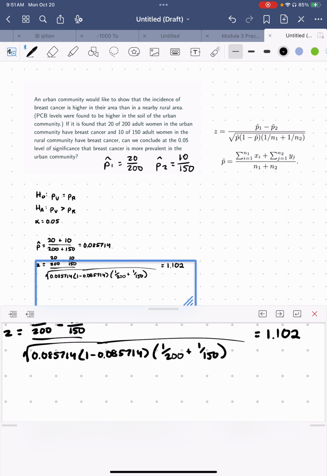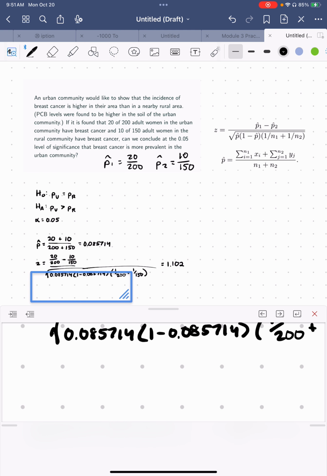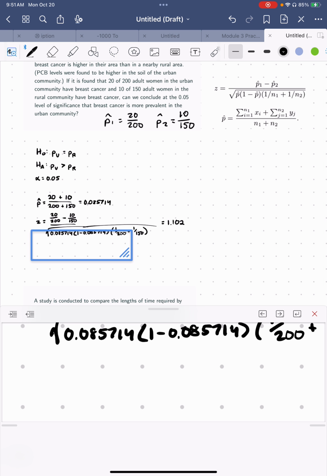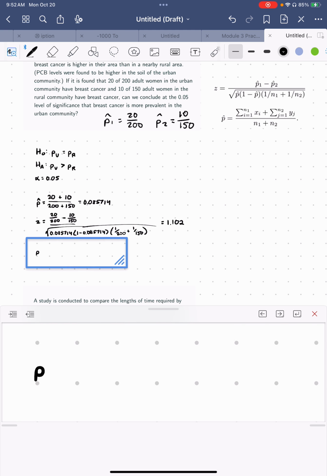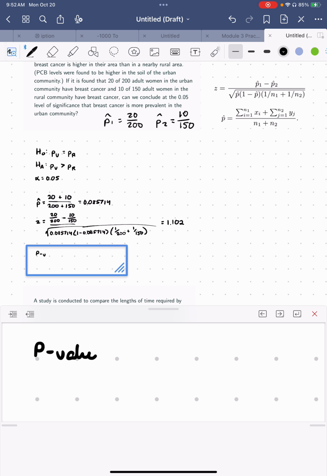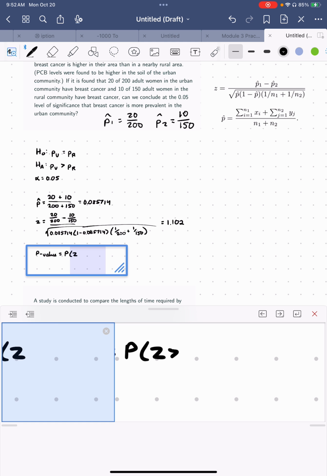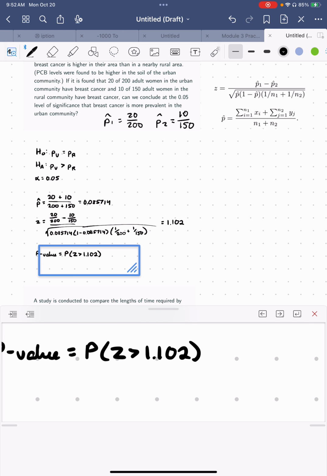And then finally we can calculate our p-value over here. Our p-value should be P, and since this is a one-tailed test because we're looking if the proportion for the urban population is greater than the rural population, we have the probability that z is greater than 1.102, and we can pull this up on our z table.